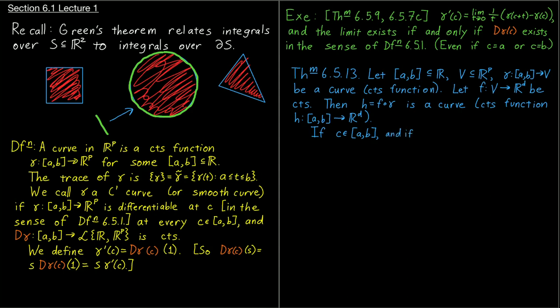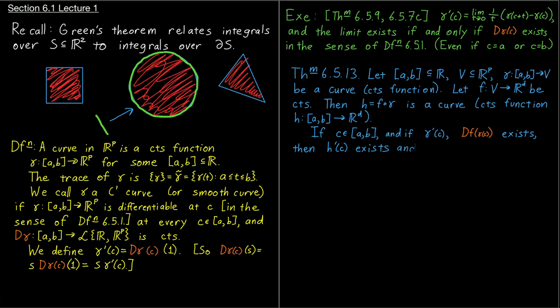And if the two derivatives, gamma prime of c, or if you want d gamma of c, you can write the derivative of gamma either way, but I've said that I want f to be a function from R^p to R^d, so I have to write df as a linear operator. If those derivatives exist, then h prime of c exists.